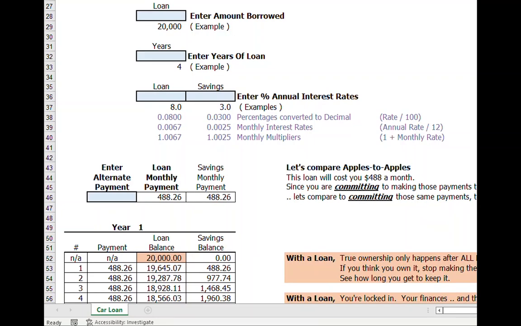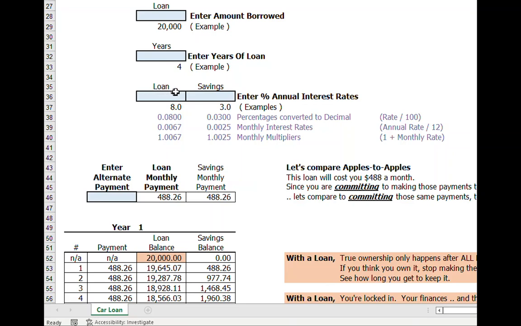The true cost of a loan spreadsheet does a side-by-side comparison of borrowing for a purchase versus saving for a purchase. The spreadsheet has fields in it for you to enter your own values.